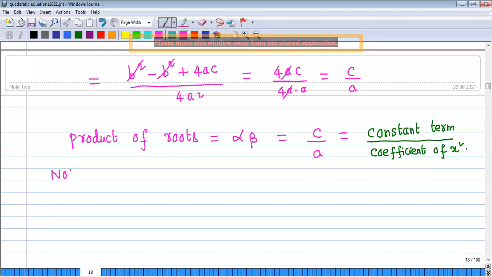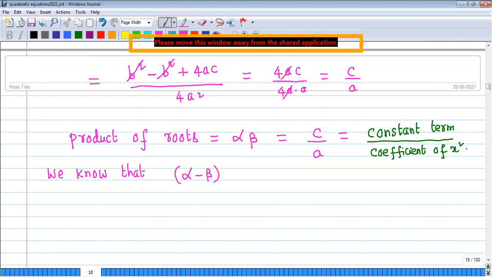So now see, we know that from algebra, one of the identities we have already discussed. See, alpha minus beta whole square equals alpha plus beta whole square minus 4 alpha beta.